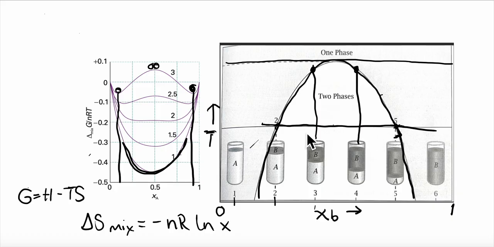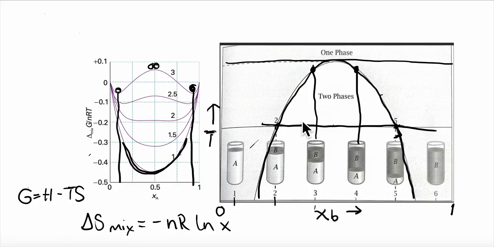And that is the general principle, that you will never have one completely pure phase, because the entropy of mixing increases so much when you just have a few more molecules of another substance.